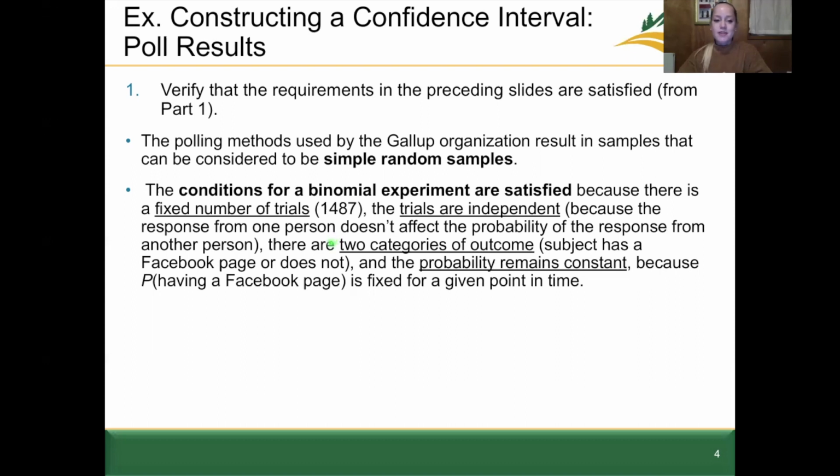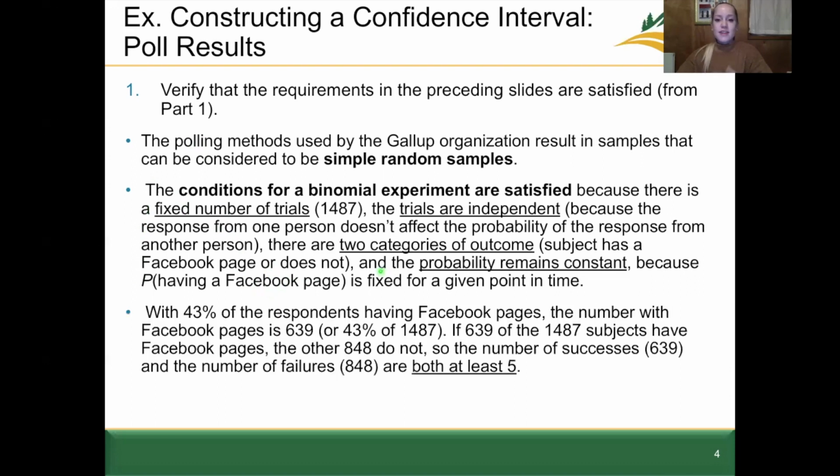In other words, the probability of success, that an adult does have a Facebook page, is fixed for a given point in time. For example, we wouldn't have a probability of 0.43 for one adult, and then some time later a different probability value. So probability remains constant. Okay, we've checked off this requirement. We've lumped all of this into just one requirement.